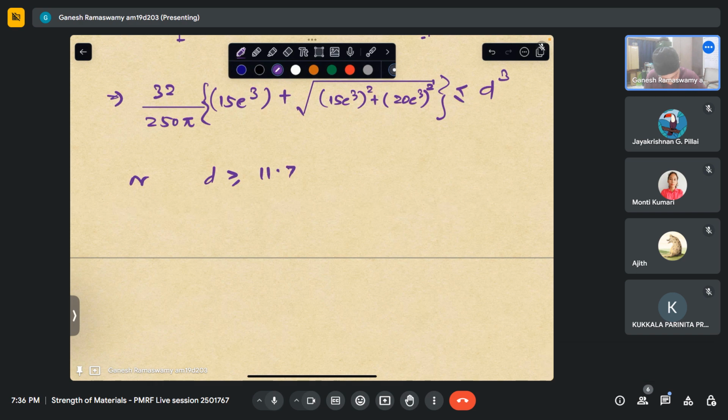What have we done? If we were to reflect on the problem, we have a circular shaft of some unknown diameter, which is what we are supposed to determine.